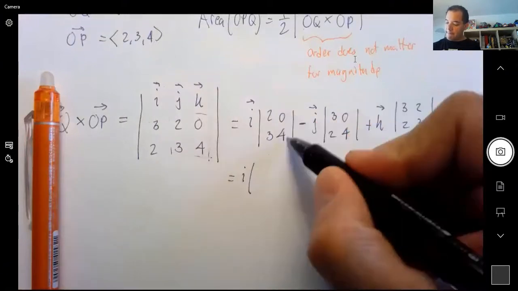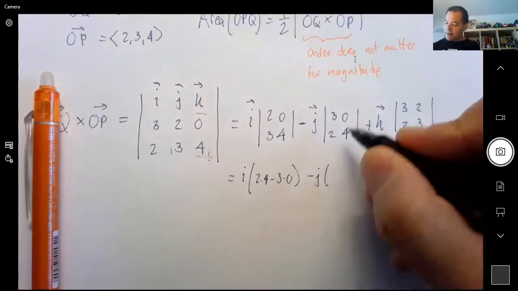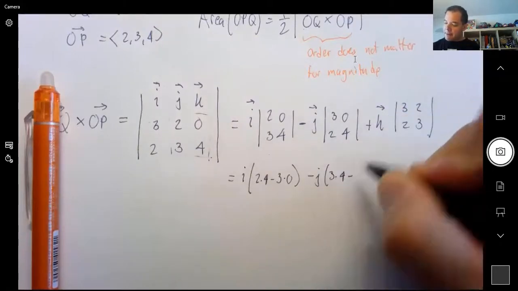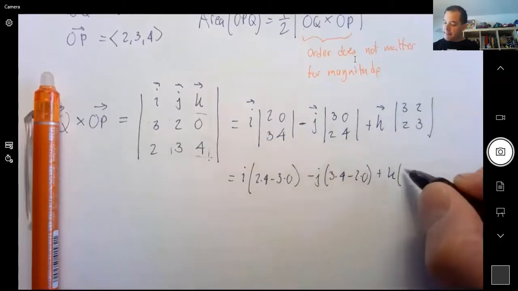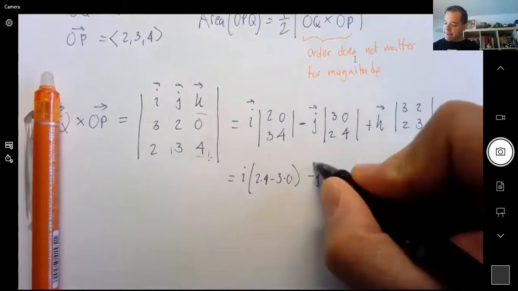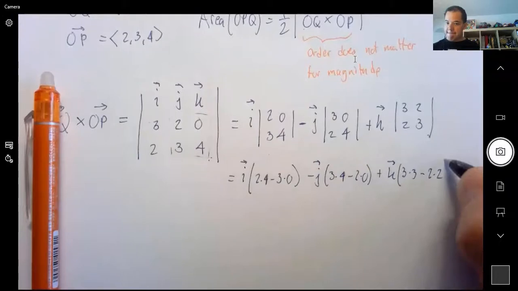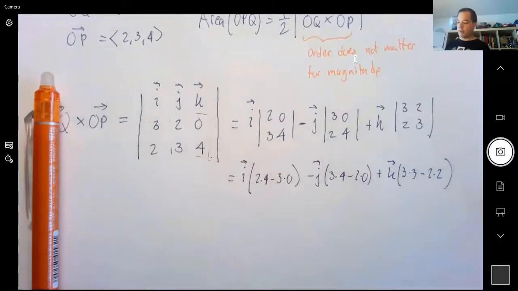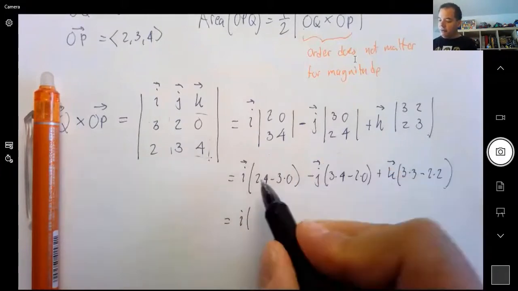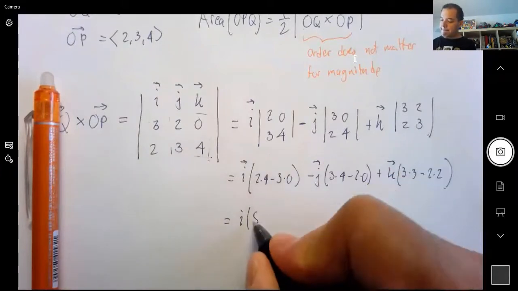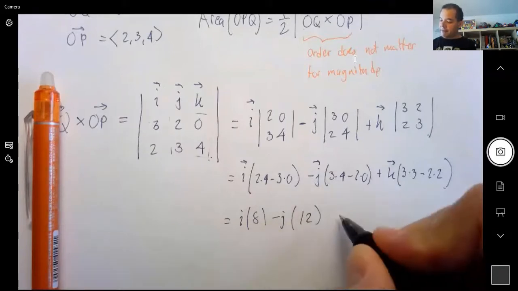It's 2 times 4 minus 3 times 0. This one is 3 times 4 minus 2 times 0. And the last one is 3 times 3 minus 2 times 2. Right? Good. So what is it? 2 times 4, 8. 3 times 4, 12, minus nothing.